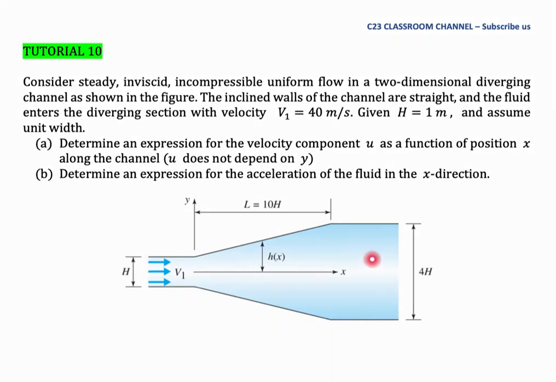So in this situation, we have a diverging section like this, and the height of the inlet section here is h, and the height of the outlet section is 4h, and this is the axis of the x direction, and the length from here to here is equal to 10h, and the height of this inclined section is given by h(x), h as a function of x.